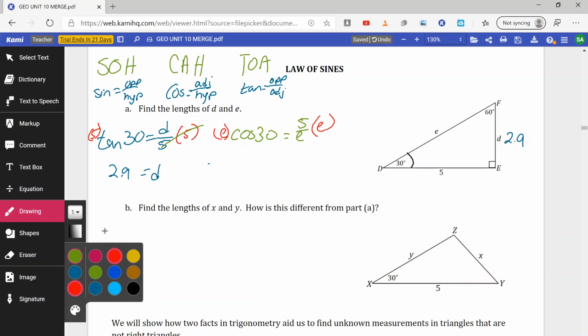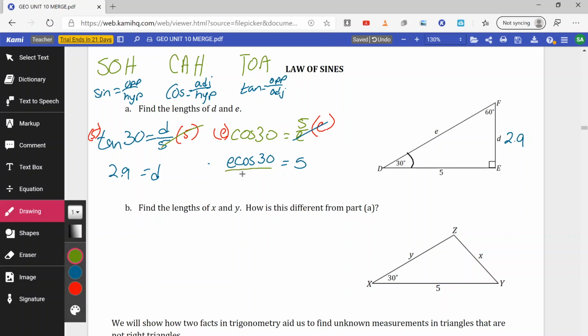It will cancel out on the side of the fraction, and we have 5 equals E times the cosine of 30. What we need to do is divide by cosine of 30.